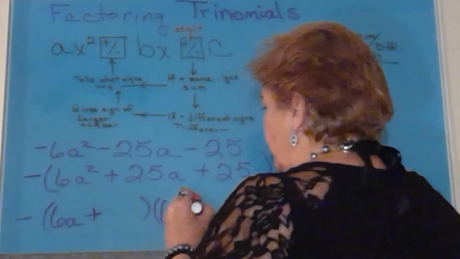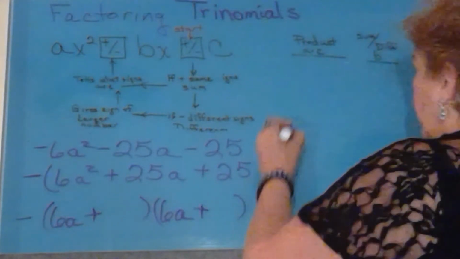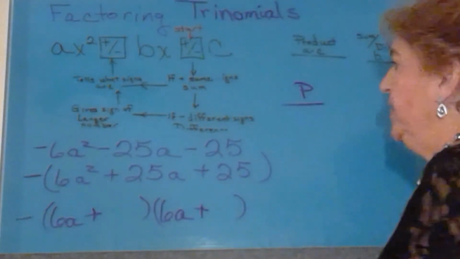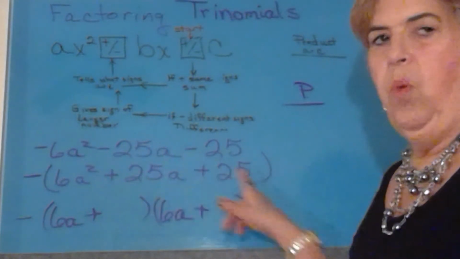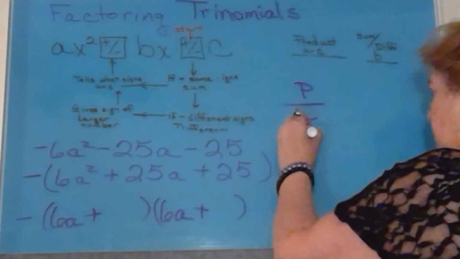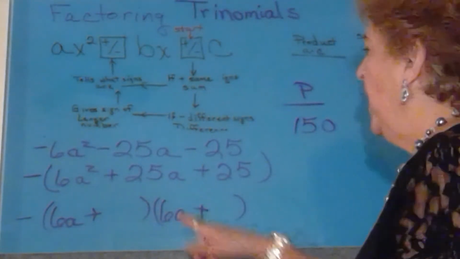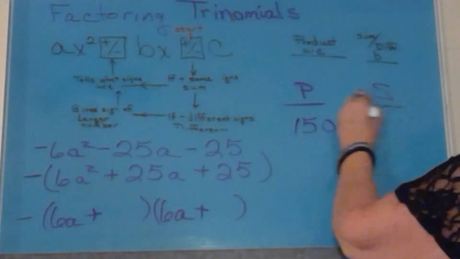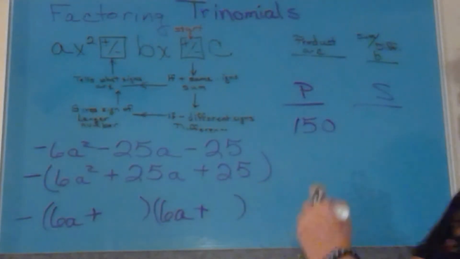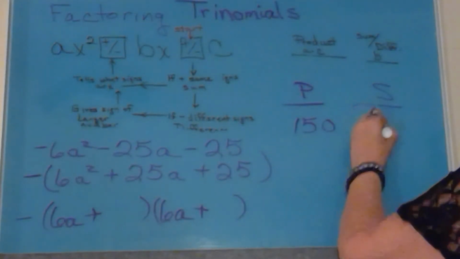So we have a plus and a plus. We're looking for a product that's the same as 6 times 25. Well, 6 quarters is $1.50, so that's 150. And I'm looking for a sum, because this was a plus, I'm looking for a sum of 25.